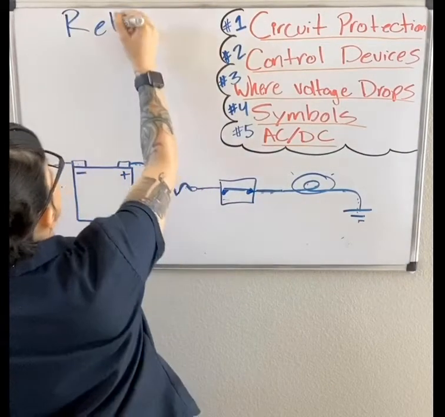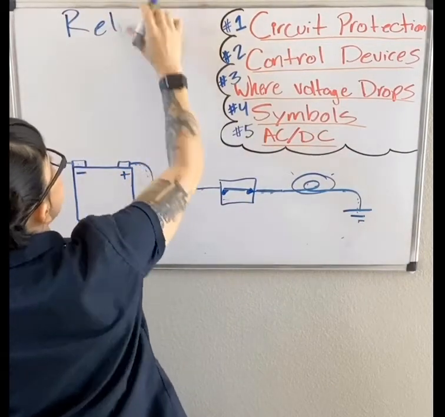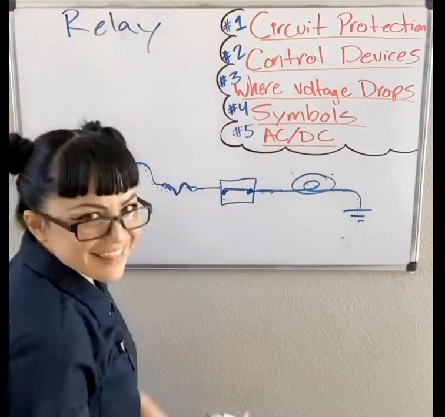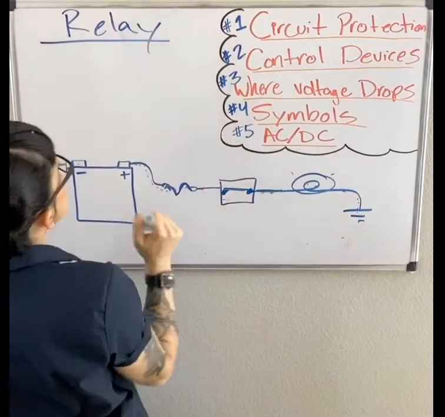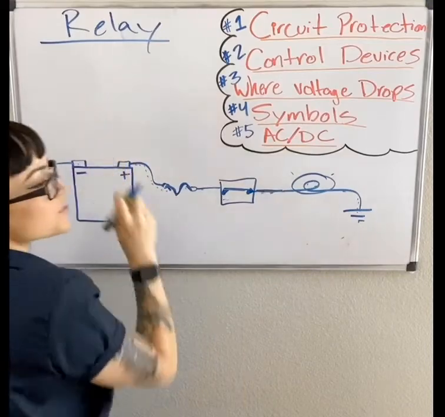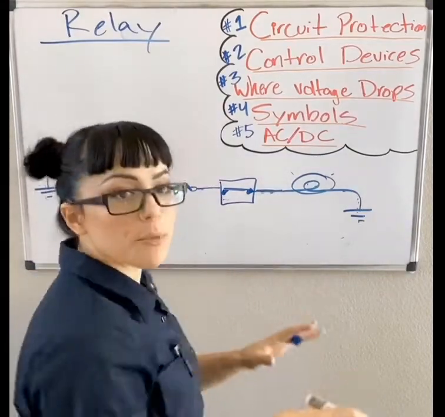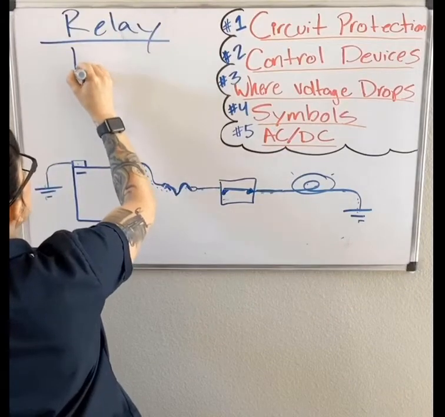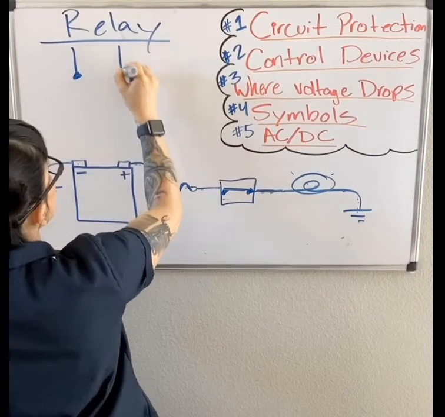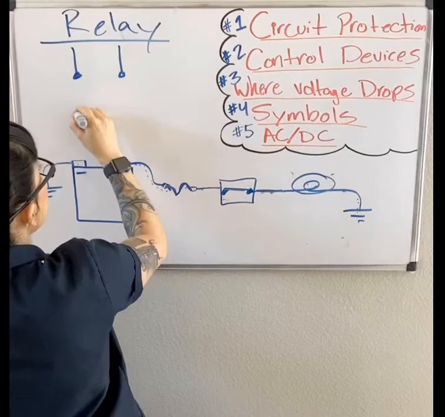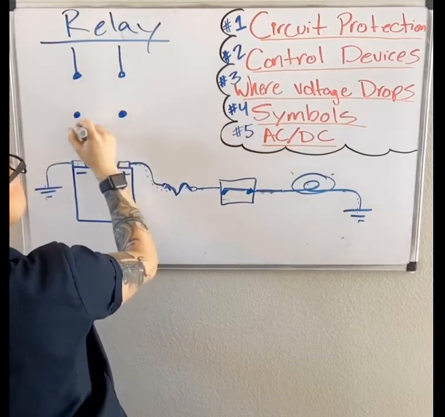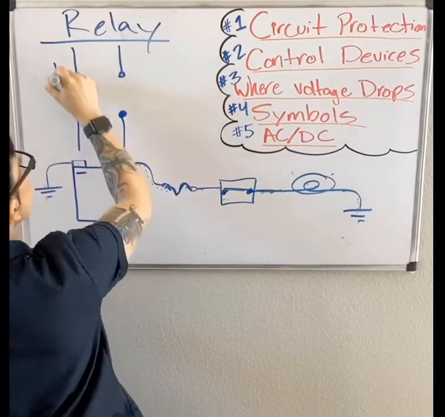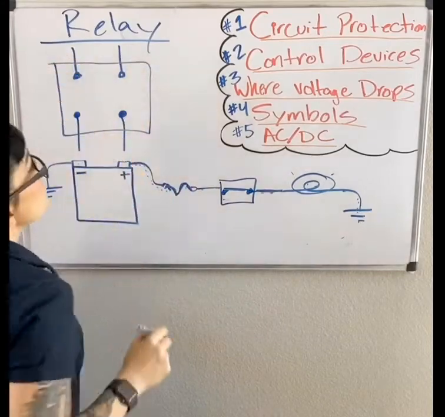Let's try to put an A in there, relay. Relays look like this, and I'm just going to draw a simple, basic four-pin relay. Again, not too crazy. What relays do is they allow a different kind of control in the circuit.